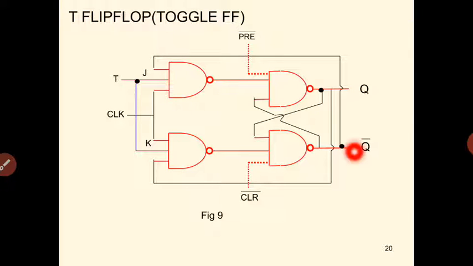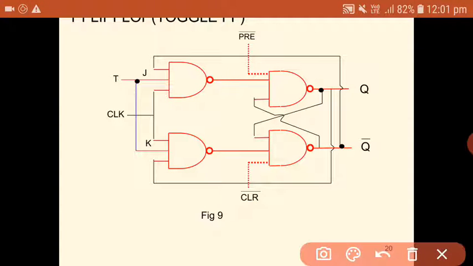This is the internal circuit diagram of toggle flip flop, where J and K inputs are shorted together and applied as one input, called toggle input. We will see the operation of this whenever T is equal to 0. Whenever T is equal to 0, that means J is equal to 0 and K is also 0. Since one of the inputs of the first two NAND gates is zero, output becomes 1.